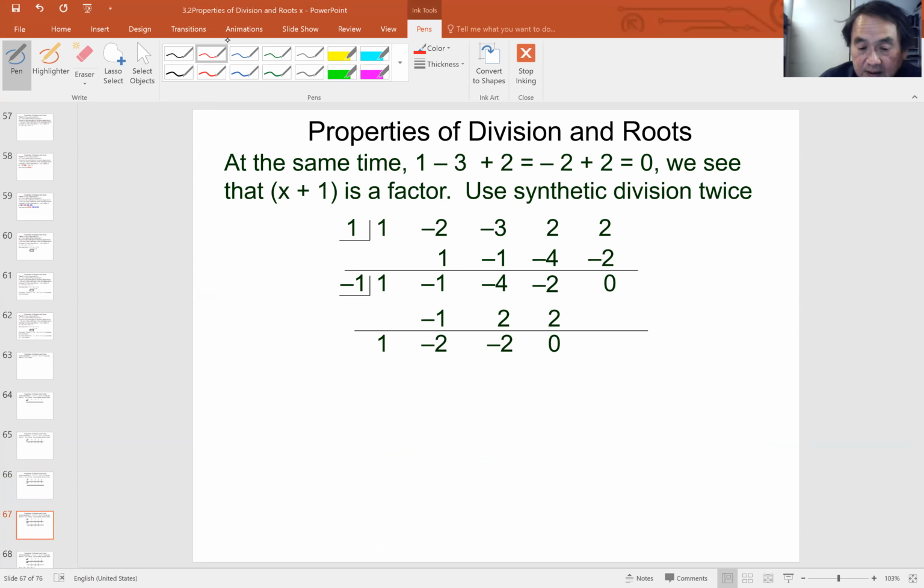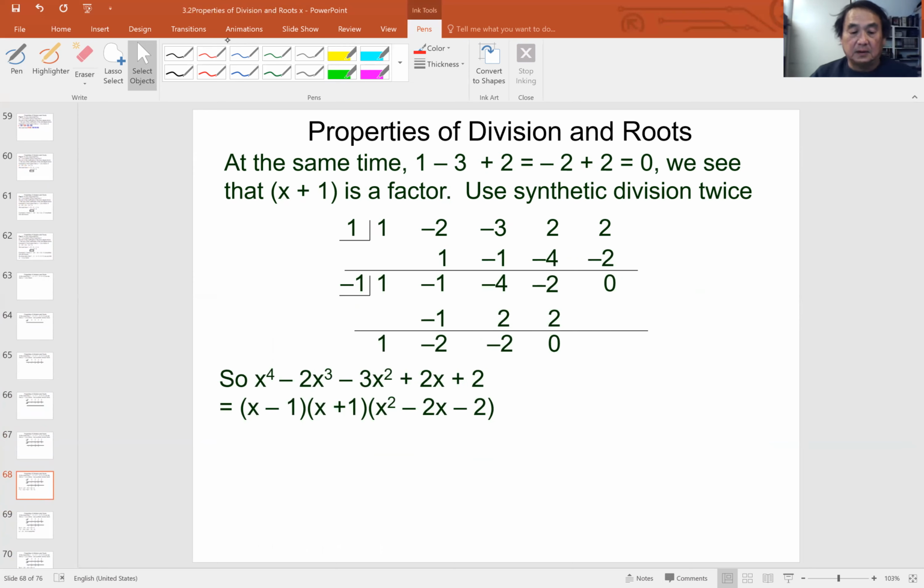So in other words, what we are saying is that the original polynomial is the factors x - 1, x + 1 times the final quotient that's left. Remember, we do this one backward: -2x in the column, then that square is 1x squared.